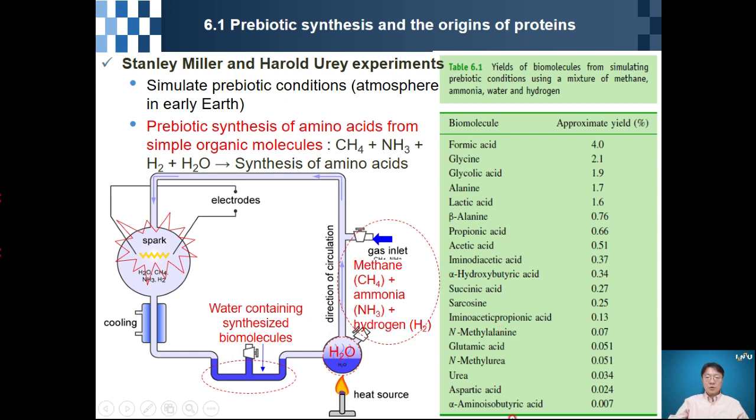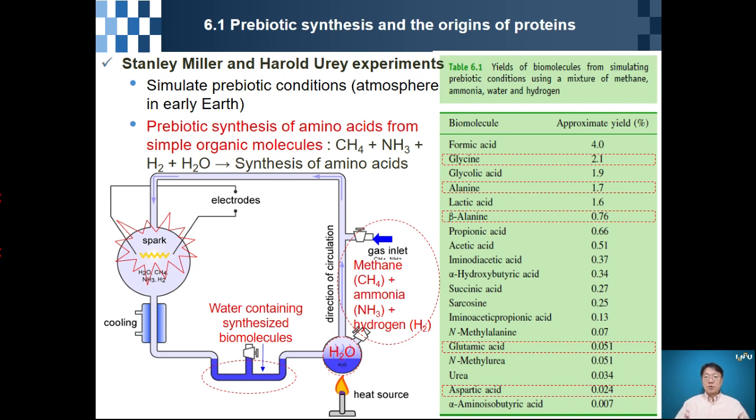Among them, glycine was synthesized at about 2.1%. And also there is alanine at 1.7%, and also beta-alanine, and also glutamic acid, and also aspartic acid.